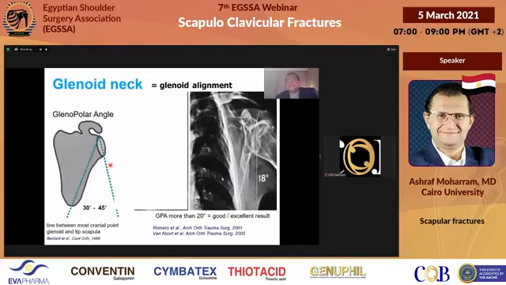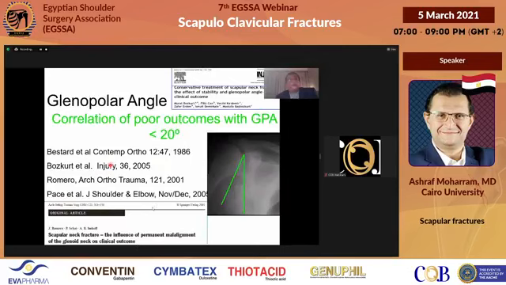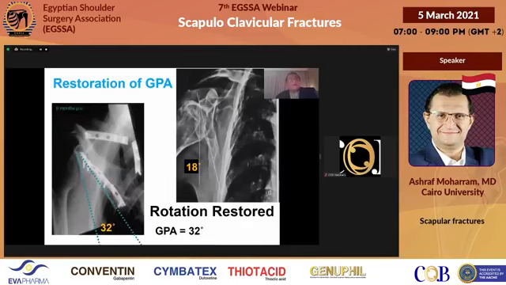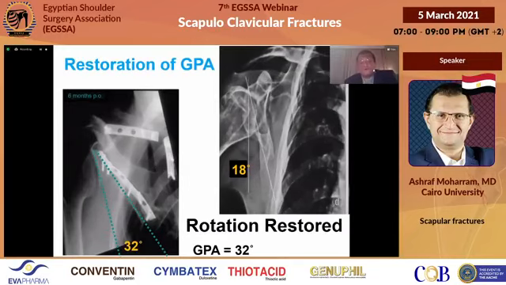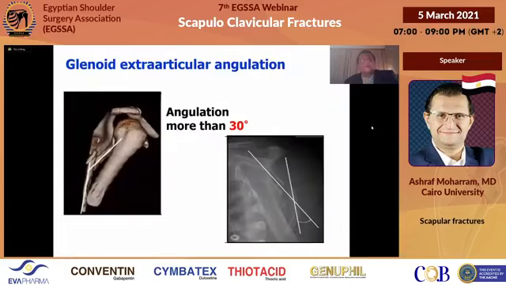This case is displaced with 18 degrees of angulation, and we know that there's a correlation of poor outcome with a glenopolar angle less than 20 degrees, published in many articles. So restoration of the glenopolar angle is one of the goals of operative management of glenoid neck fractures. You can see it here, it's been restored from 18 to 32 degrees.